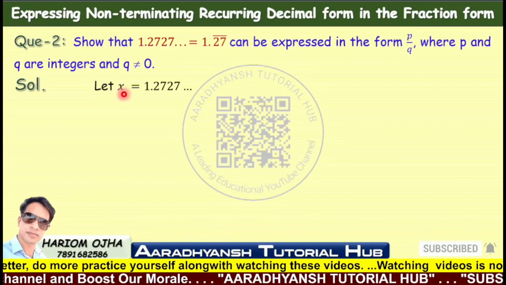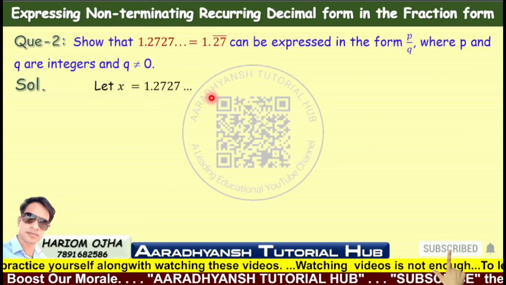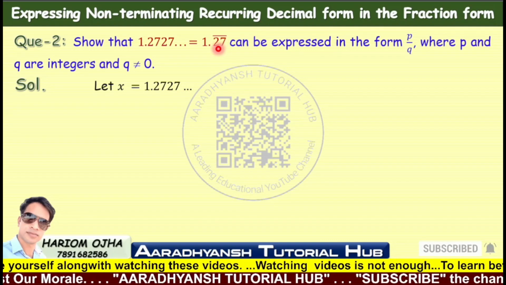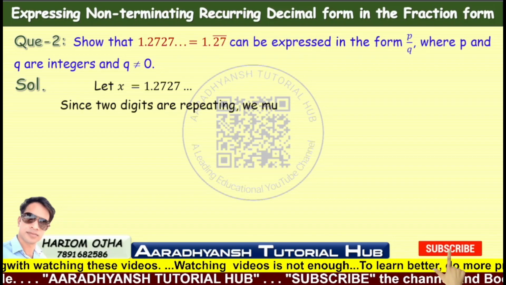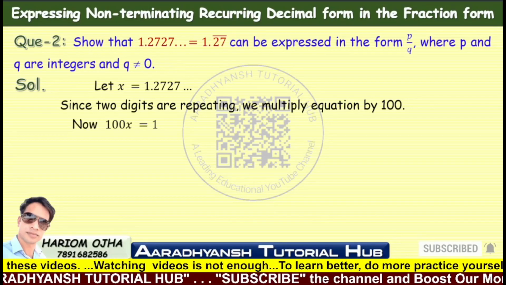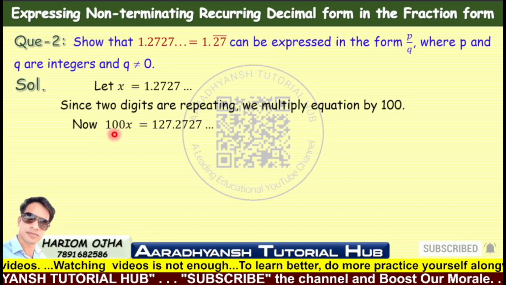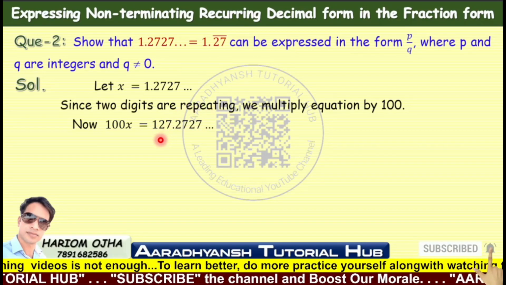Here let x be equal to 1.2727. Here the repeating digits are 2, so we have to multiply this equation by 100. When we multiply by 100, we will get 100x equal to 127.2727.